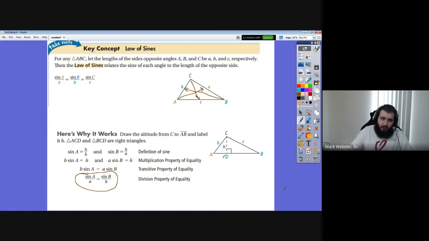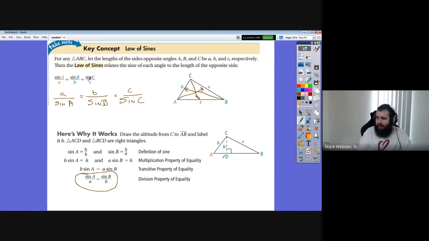Now, one other thing I will tell you is that they have it written like this. Other places will have it written upside down. One other thing to keep in mind is that they've got this whole extended proportion here with 3 sets of fractions and 2 equal signs and all that.